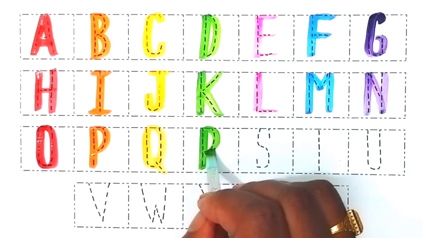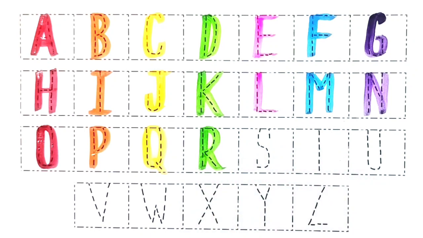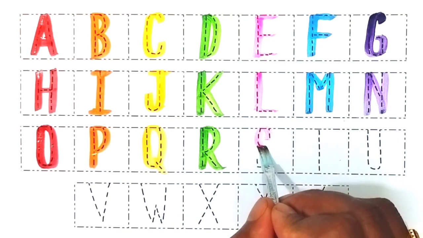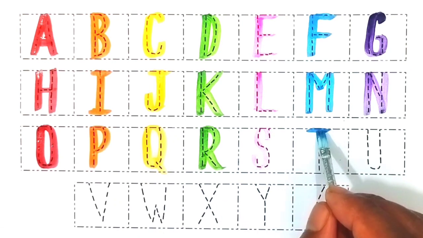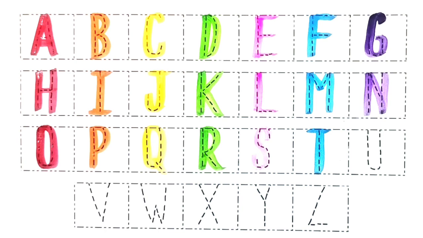R for rose. S for sunflower. T for tree.